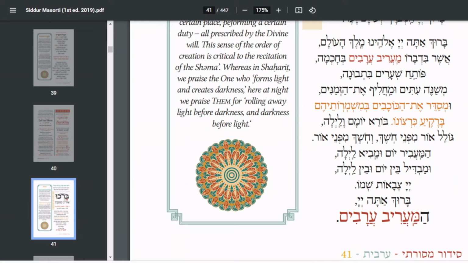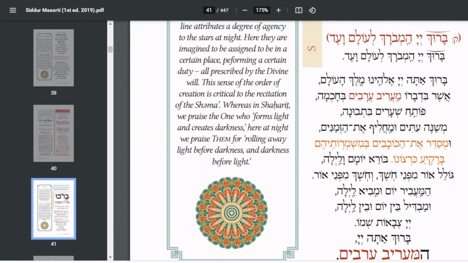And then right here we have an example of k, kirtsono, like his will, or as his will. And up here we've got b, mishmerotehem, in their watches. This is speaking of the watches of the night.